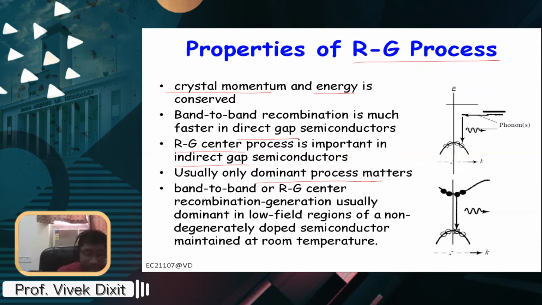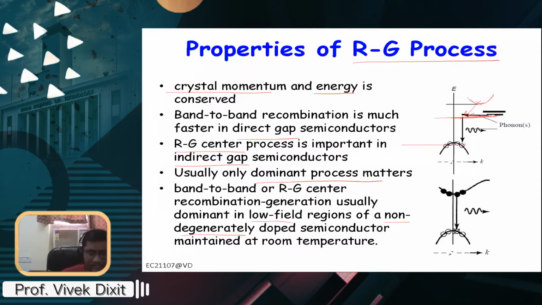If you have a low field region or non-degenerate, meaning low doped, semiconductors, these two processes will dominate. But if you increase the doping and inject high carrier concentration, then other processes like Auger come into the picture. On the right side, this is a trap level, and the electron comes from the conduction band to the trap, and from the trap to the valence band.